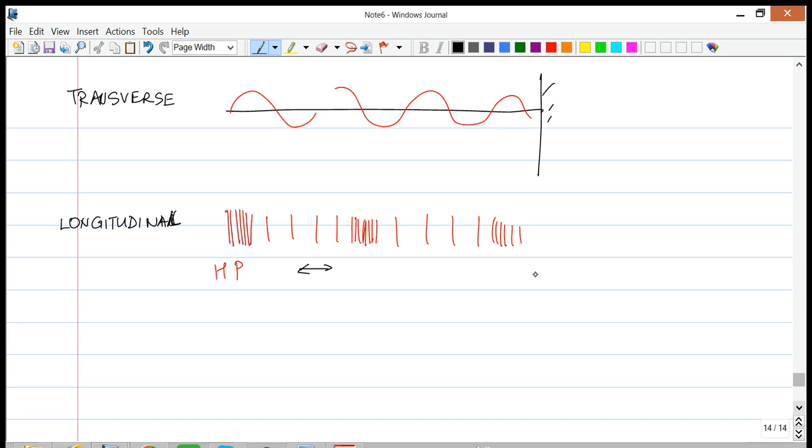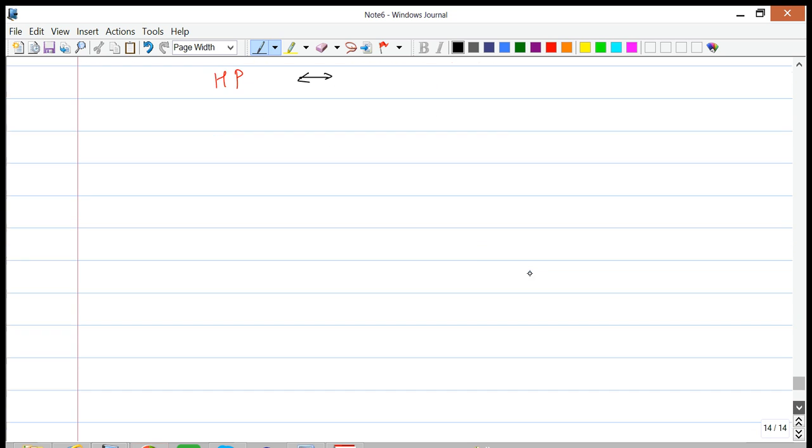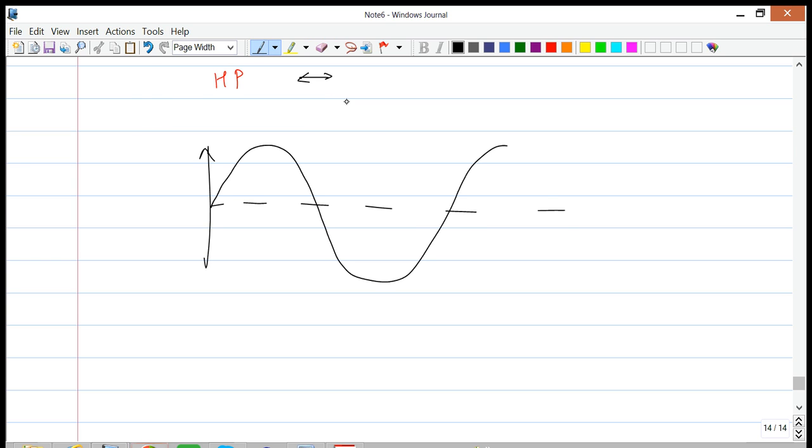Now the good thing is that whether it's longitudinal or transverse, we can represent the wave simply by a sine or a cosine function. In this case, we'll use a sine function. Say our wave starts at some point and propagates. This is as opposed to what we drew for a simple harmonic oscillator.